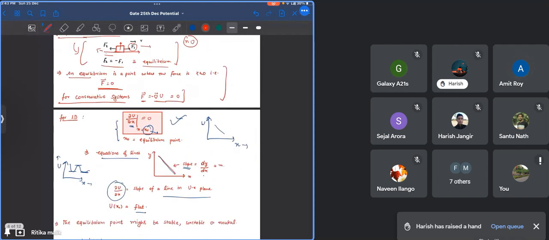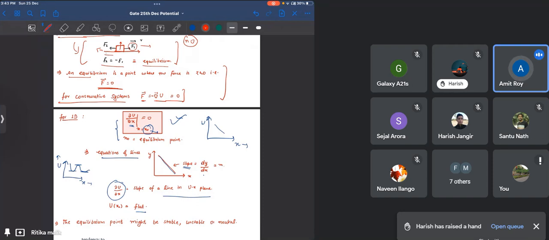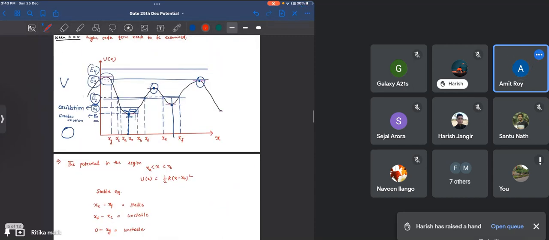Ma'am, can you just show the plot you have shown earlier, like for this one? Yeah, this one. So if we consider the energy is E2, there are two regimes where the particle can stay, right?